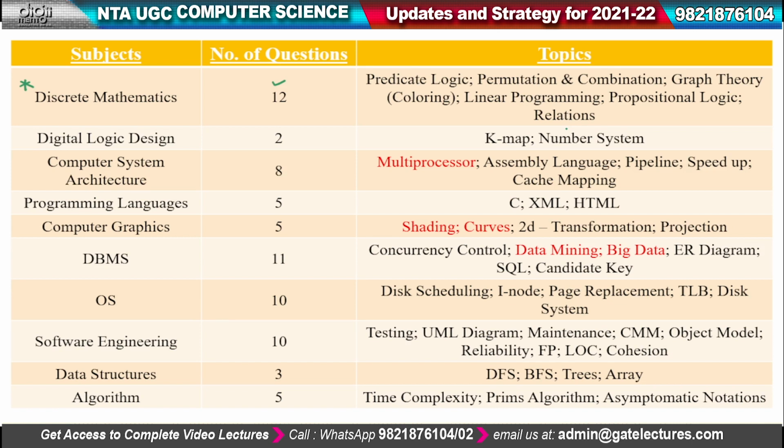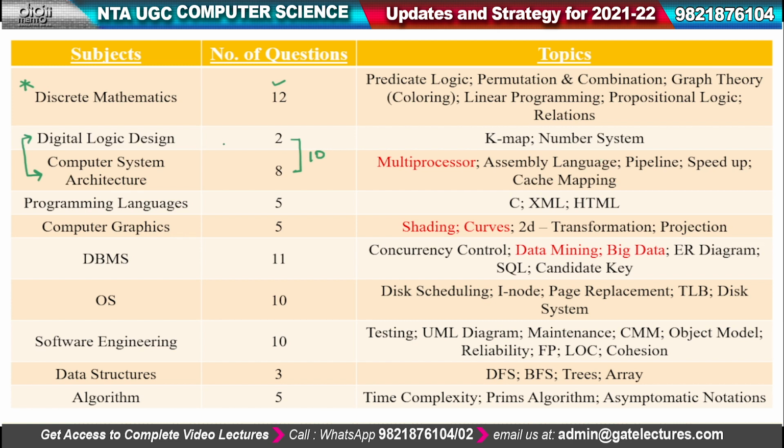Okay, then the second unit is computer system architecture. In this they have included both these two units, that is digital logic design and computer system architecture. And you can see from this a total of 10 questions are asked, right? 2 questions from digital logic and 8 questions from computer system architecture. K-map is a very easy concept, number system is a very easy concept.